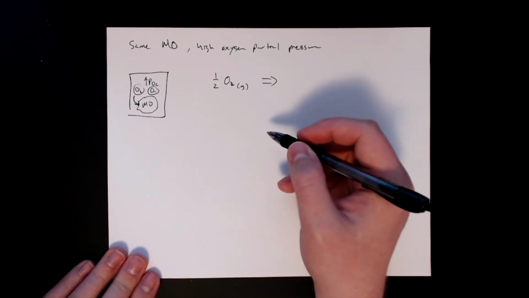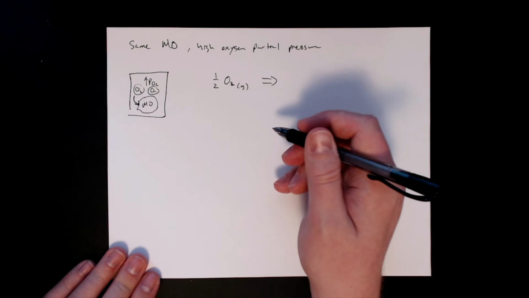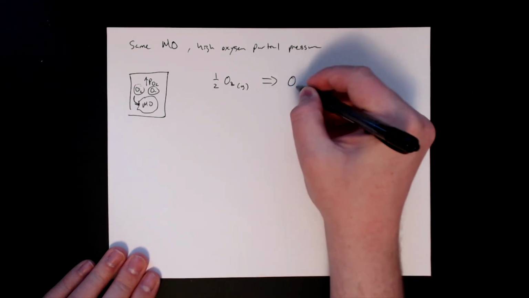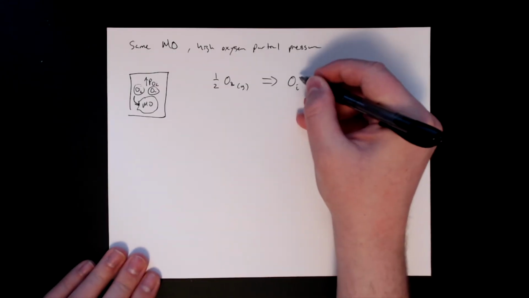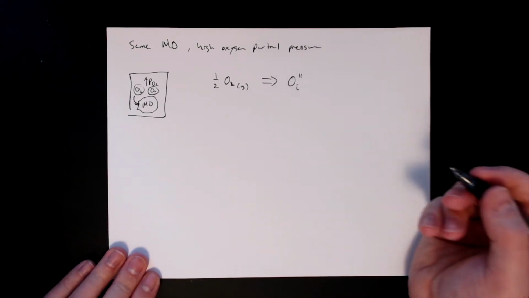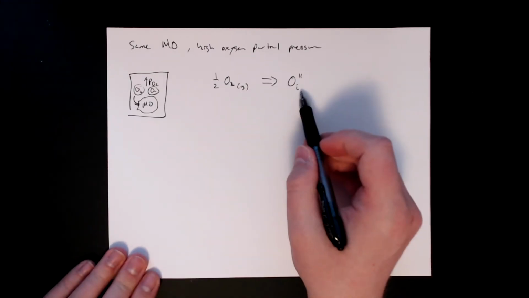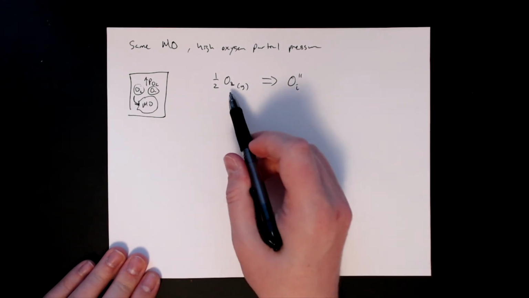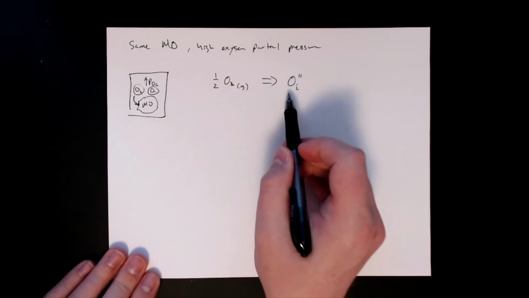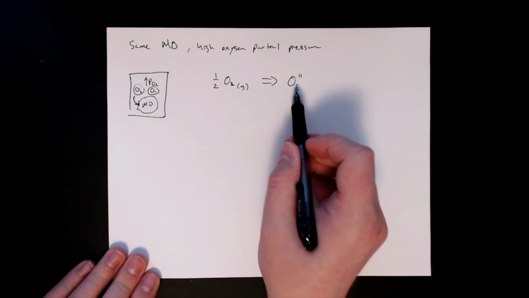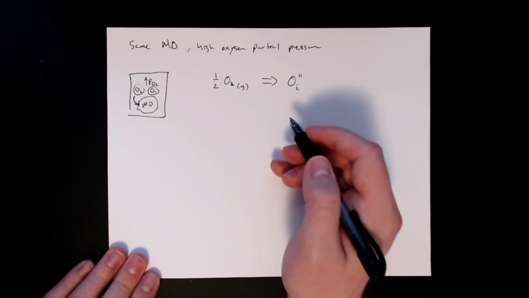But for this purpose, I'm going to say that it goes into an interstitial. So oxygen goes to an interstitial, and that's going to give us a -2 charge. And again, we're pushing oxygen into it. It's a neutral species, right? So when it forms an interstitial with this negative charge, it has to compensate.